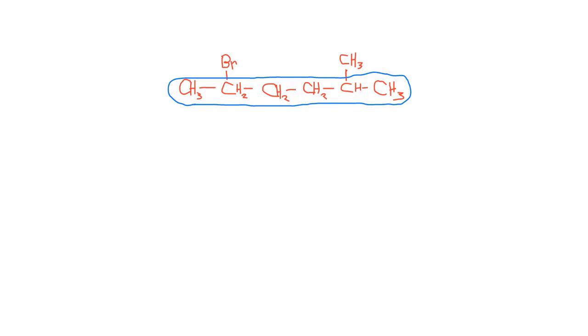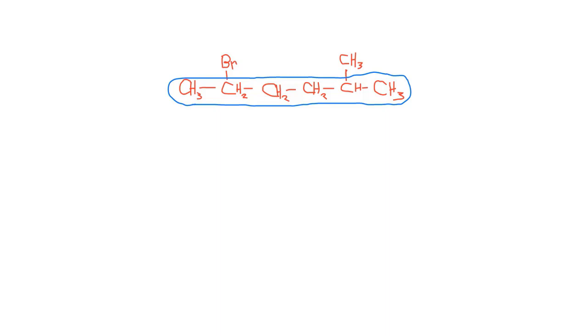So because bromine is just a substituent, we have to go to the third level of priority, and the third level of priority is alphabetical order. Bromo comes before methyl.